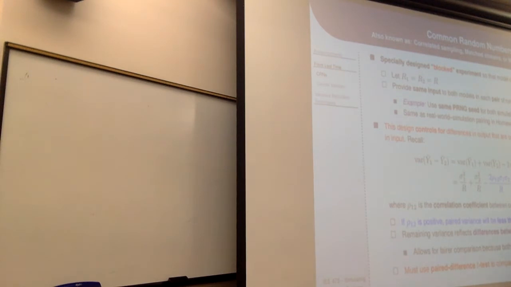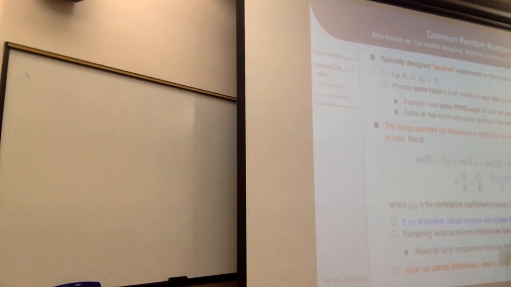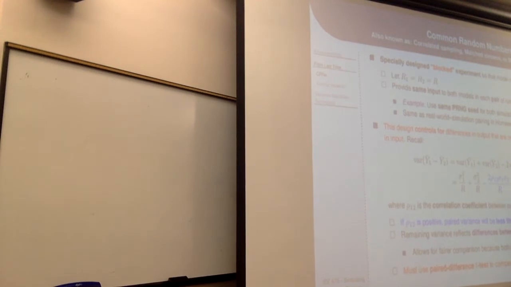Mathematically, by introducing covariance between two model outputs, we go from the independence variance measure, which is just the variance of one model plus the variance of the other, to being able to subtract off a term related to their covariance. So say we have a model of a bank with operation 1 and a bank with operation 2.